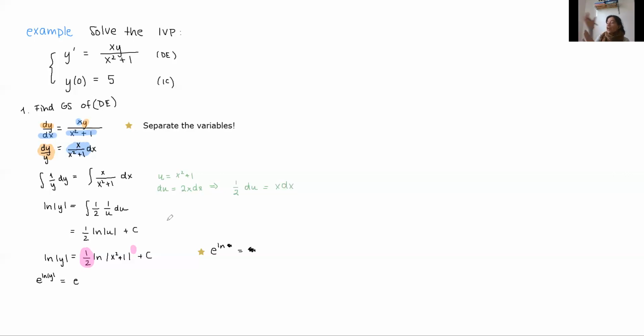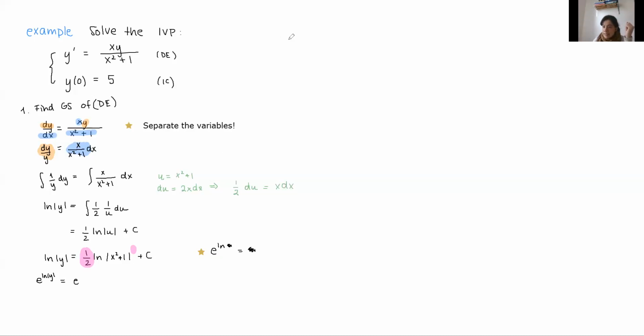So remember, when I have a constant in front of the logarithm, I can put that back as the exponent of the thing that's inside the logarithm, right? So last semester when you were doing logarithmic differentiation, we were doing the opposite. We were taking the logarithm of something with an exponent and then bringing the exponent down. There's no reason why we shouldn't be able to put that exponent back up, right?